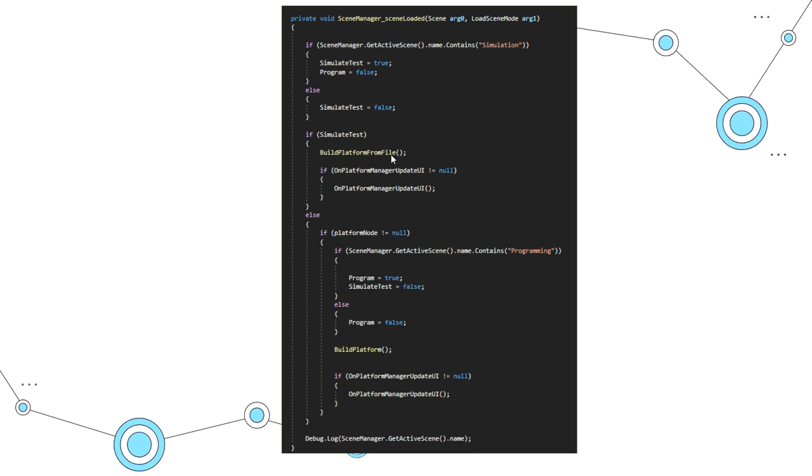If not, then just update the UI. Then if it's the program scene, in this case it's called programming scene, then let's change the booleans and build the platform with the build platform function, which is different from the build platform from file function. Okay, so next slide.